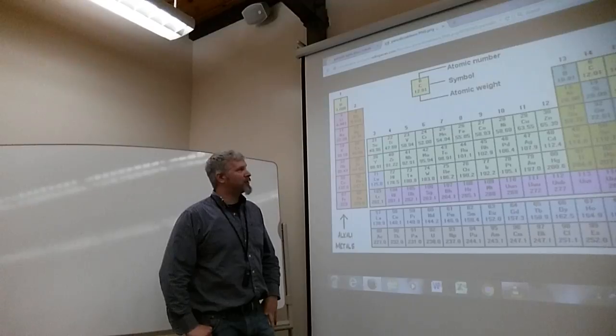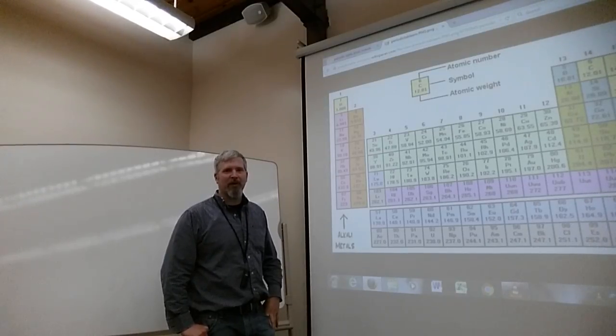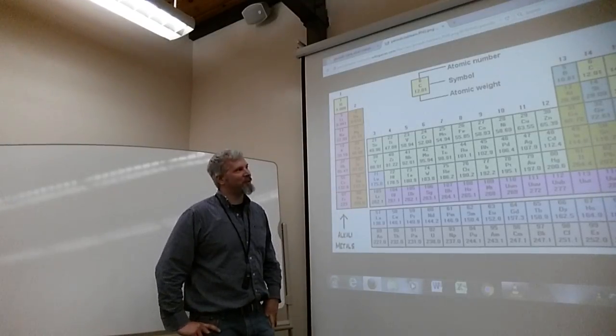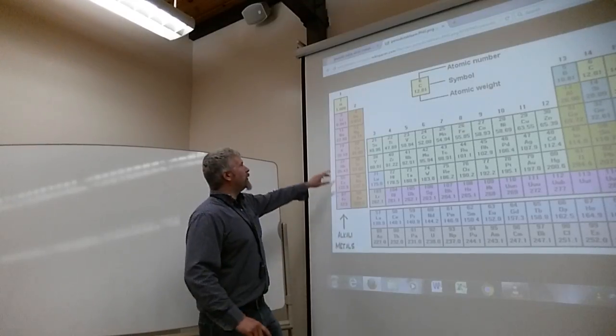It's a little clouded because they're using IUPAC instead of the other system on this, but it's still there if you can see it. Okay, so the grouping.